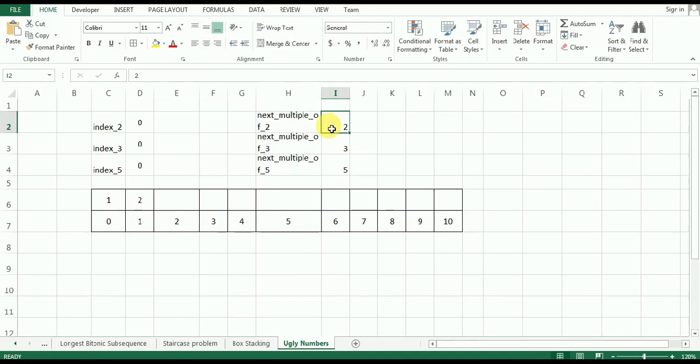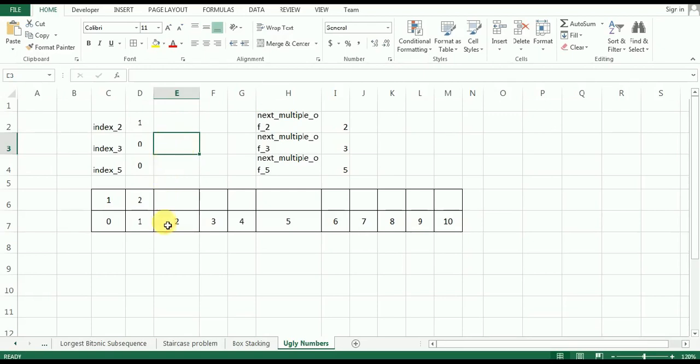Hence, it's time that we increment this index by 1, because one number has already been taken from our series. Hence, our counter moves to the second number in the series. That is why I will increment this index by 1. But these indexes will be untouched because no numbers have been taken from the series of 3 or 5. It will be more clear to you as we proceed.